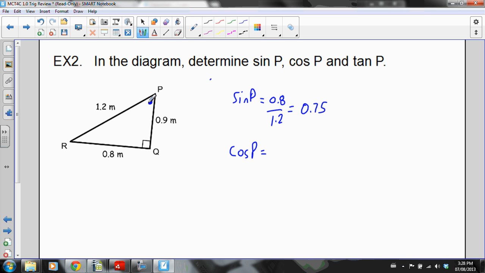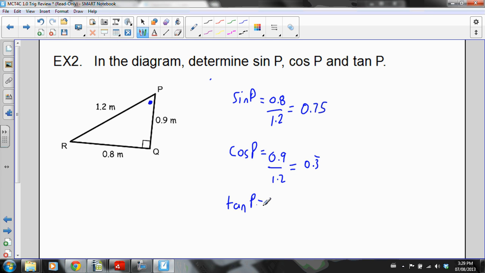Cos of P is adjacent over hypotenuse. And again, if we'd like a value, that's 0.3 repeating. Again, we don't need to find out what angle P is. That's tomorrow probably.